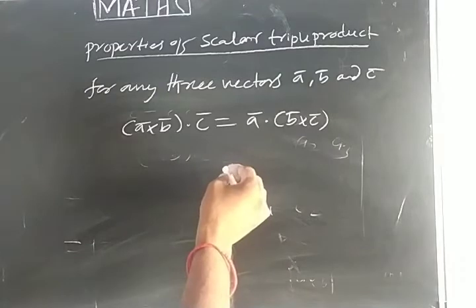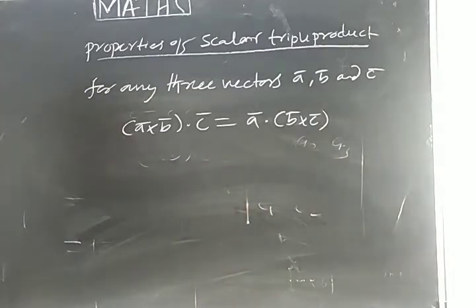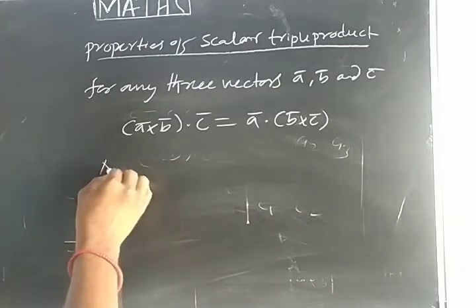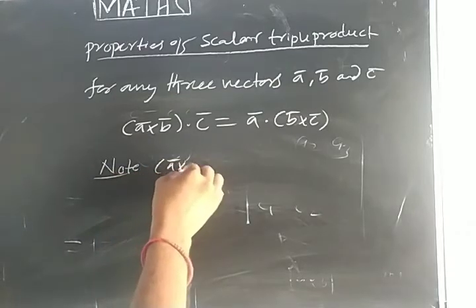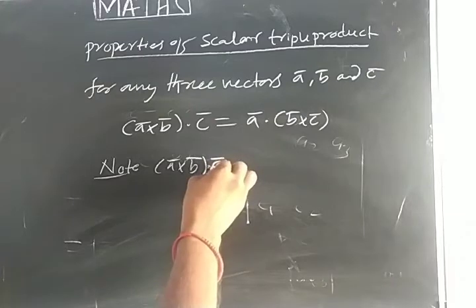Now one more thing. For any three vectors, one more note here. A cross B bar dot C bar is called the scalar triple product.